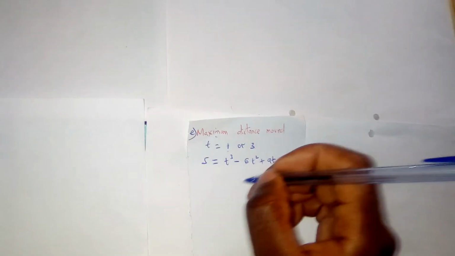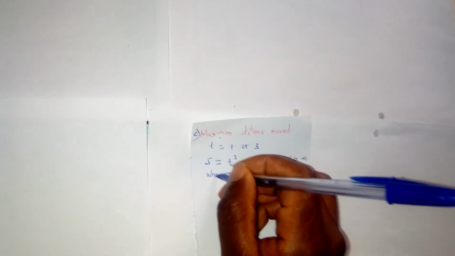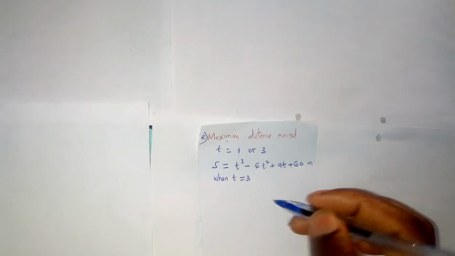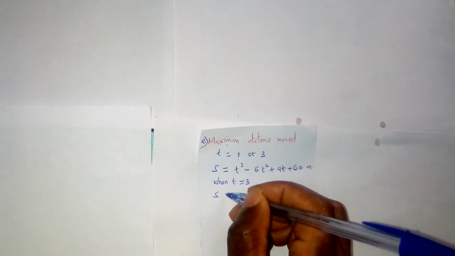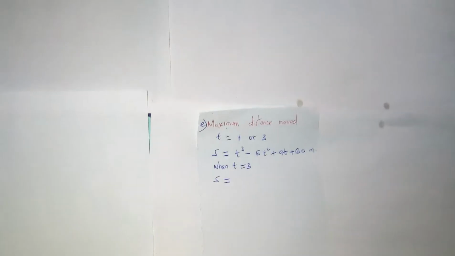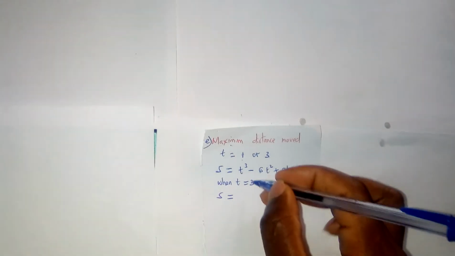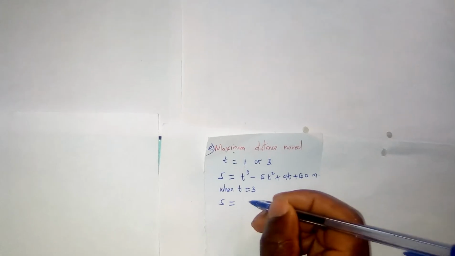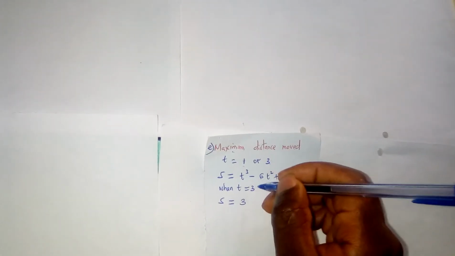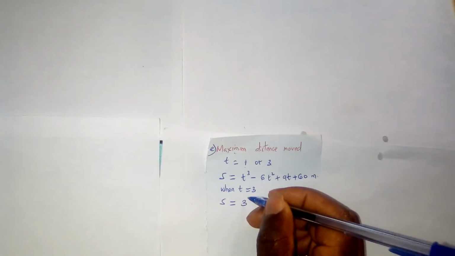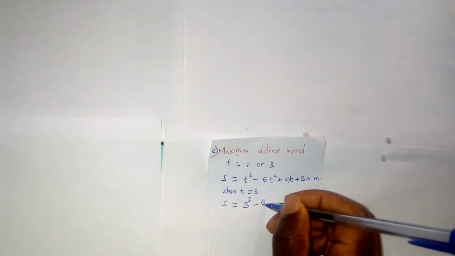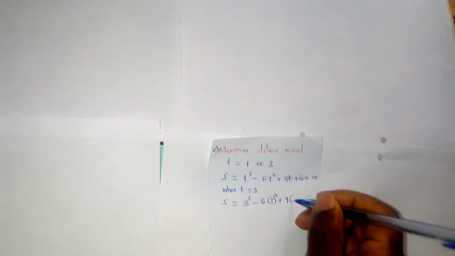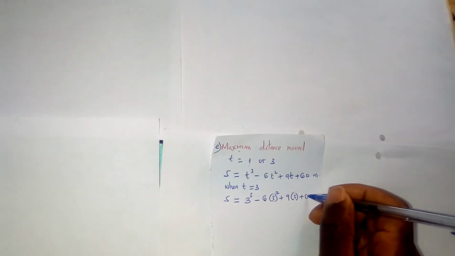Now let's start by getting the displacement when t is equal to 3. What is S when t is equal to 3? I'll substitute 3 where t is, so I have 3 cube minus 6 into 3 squared plus 9 into 3 plus 60.